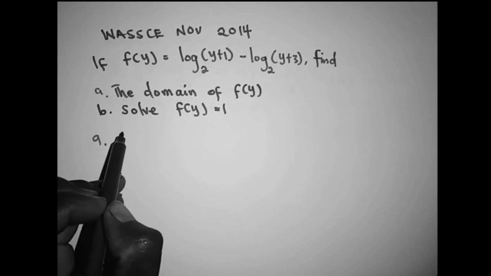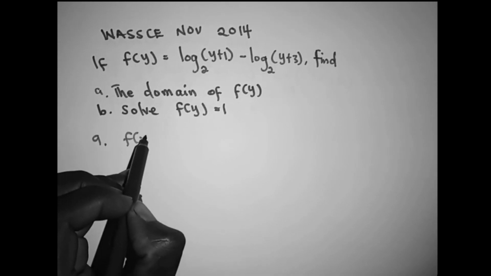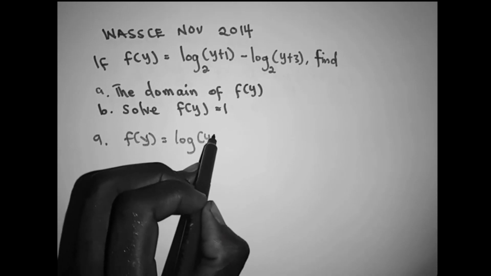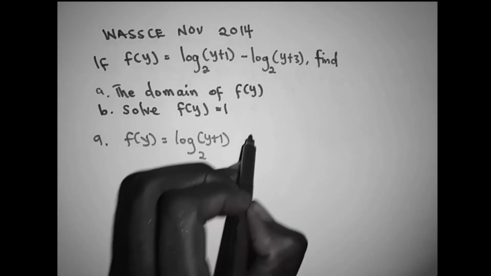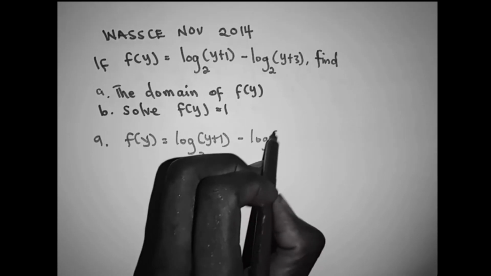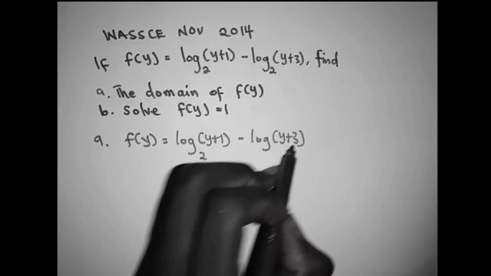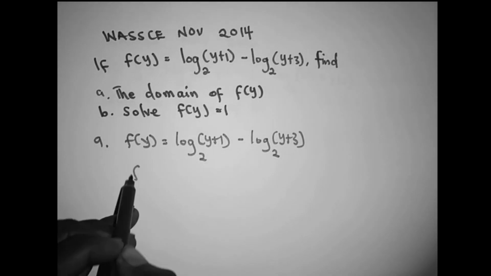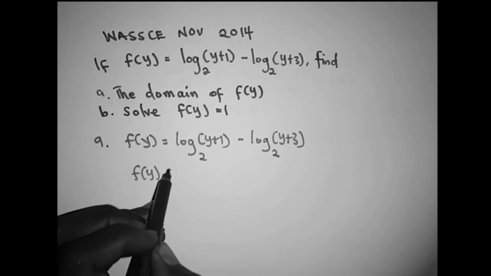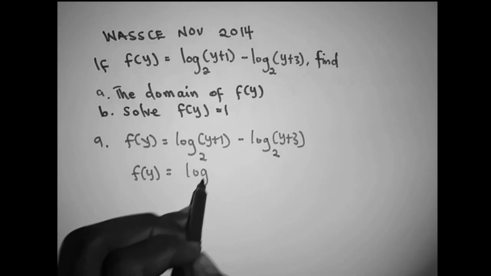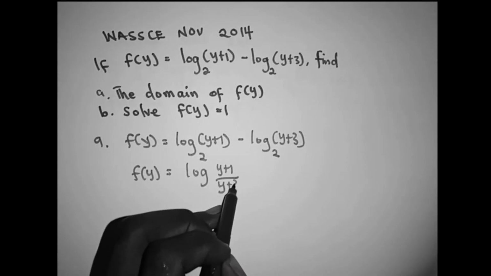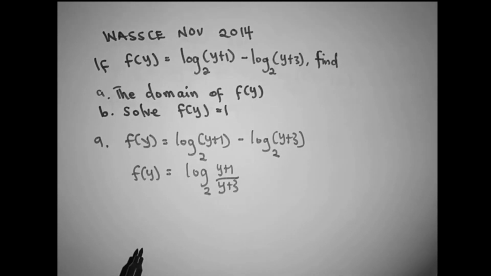So we have f of y equals log y plus 1 base 2 minus log y plus 3 base 2. So let's write this as a single log. So f of y is equal to log y plus 1 divided by y plus 3 base 2.